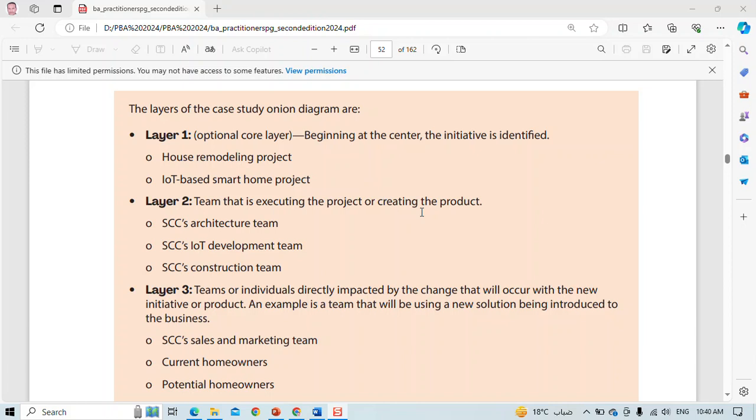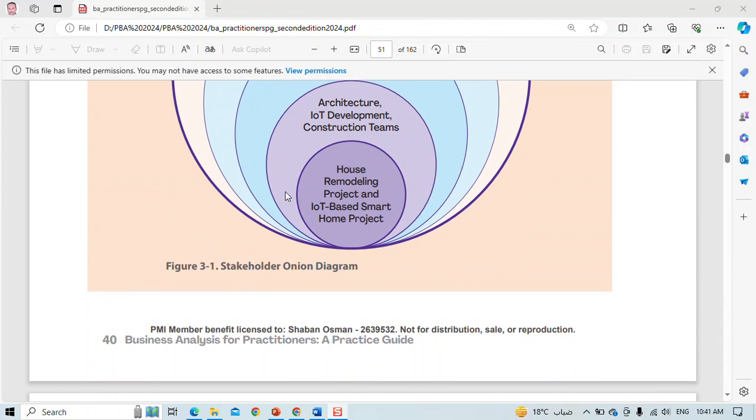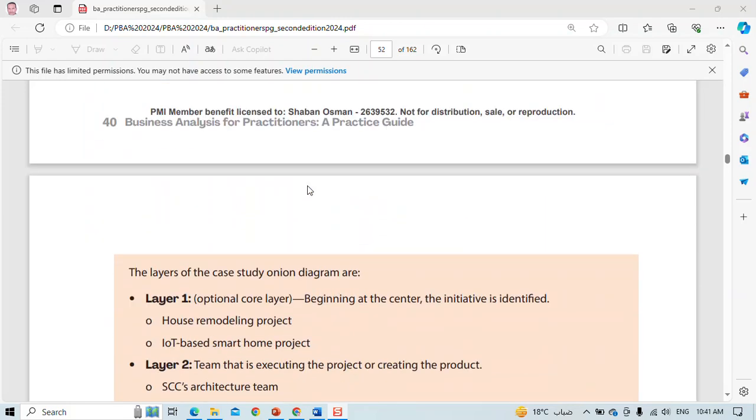The teams will be the sustainable construction company architecture team, the Internet of Things development team, and the construction team. The next layer means the people who will implement or develop the project.